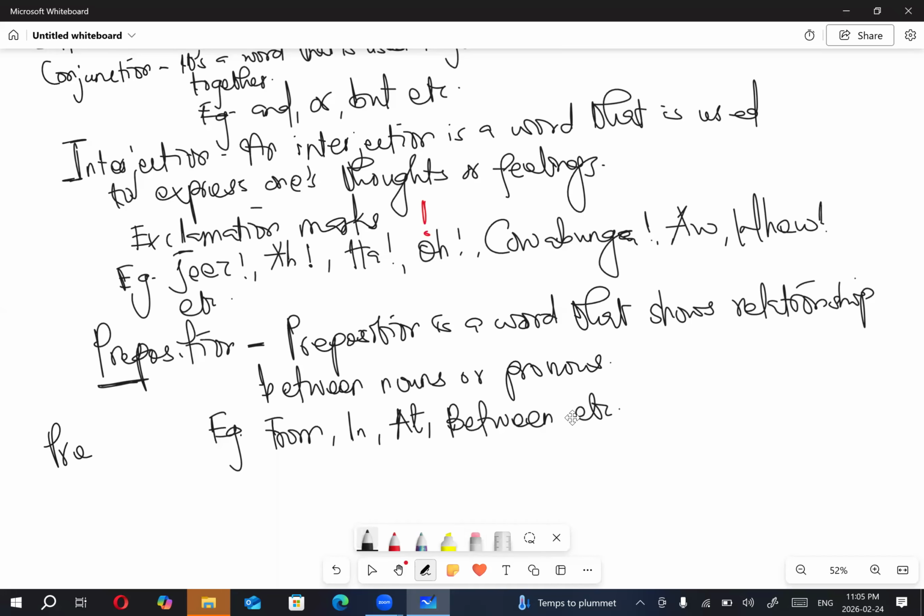And let me be frank with you. There are several prepositions, over 20 plus. Please spend some time, Google examples of prepositions and glance through them, because somehow we'll get to use prepositions in one of the functions of nouns. If you've not scanned through the possible prepositions in English, one of the questions can trick you and it will be hard for you to tell the function.